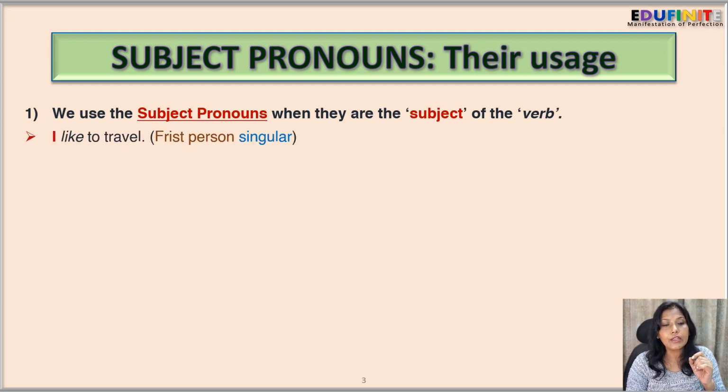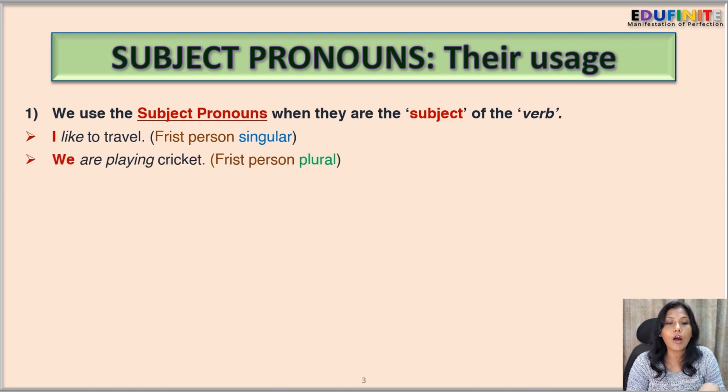I like to travel. Here, I is the subject, the verb is like, and I is first person singular. So, pronoun I is first person singular, and it is the subject of the verb like. So, it is a subject pronoun.